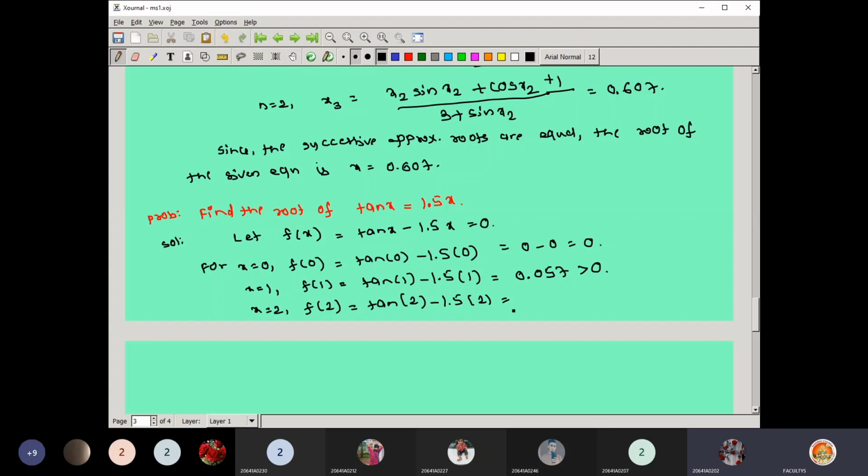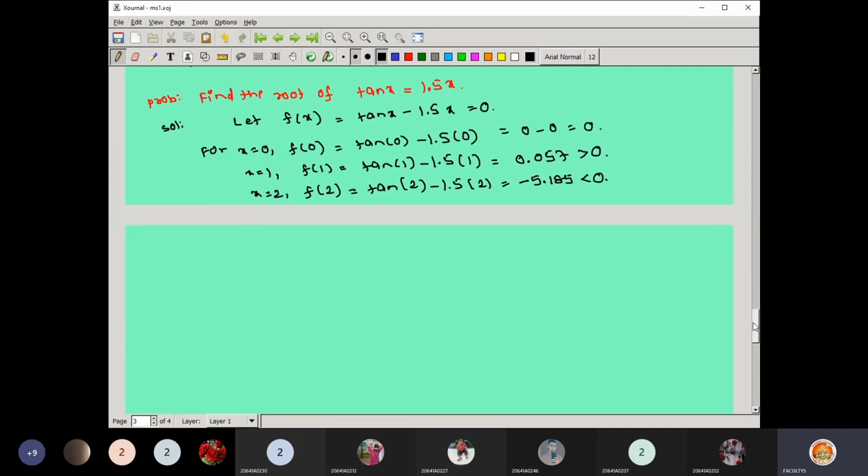I'm getting minus 5.185. So this is less than 0. So opposite signs are there, so immediately you can write down the a and b values. Therefore your a value is 2 and b value is 1.